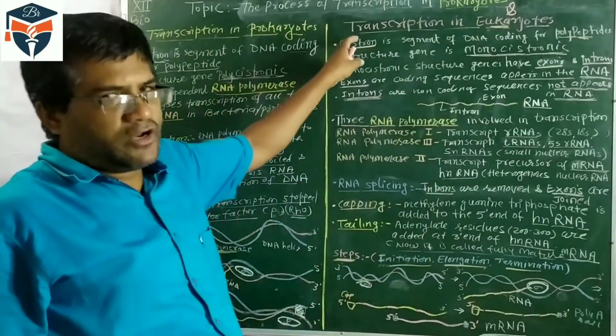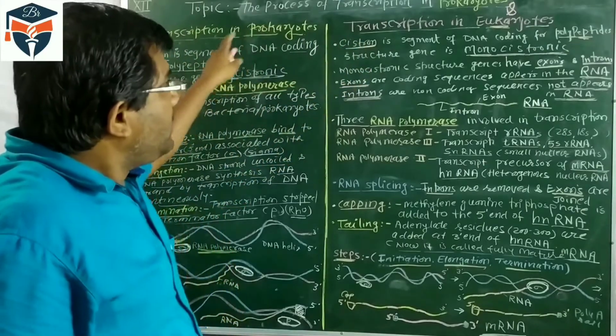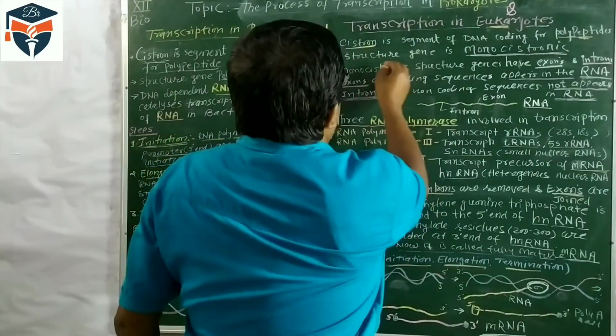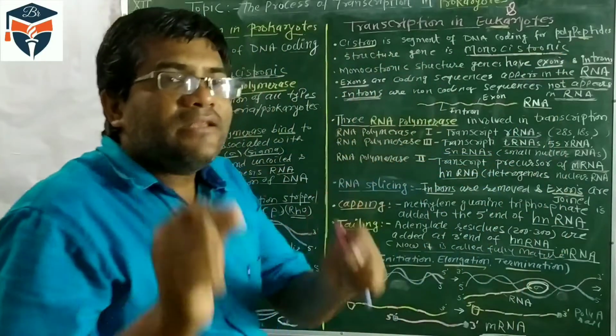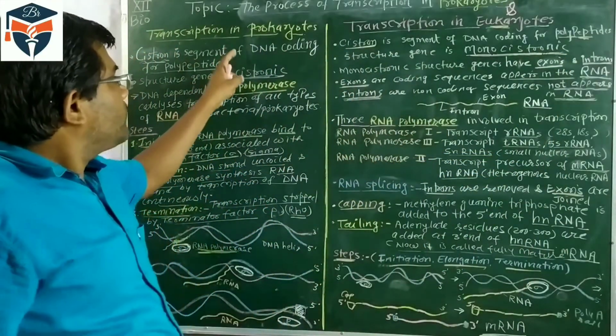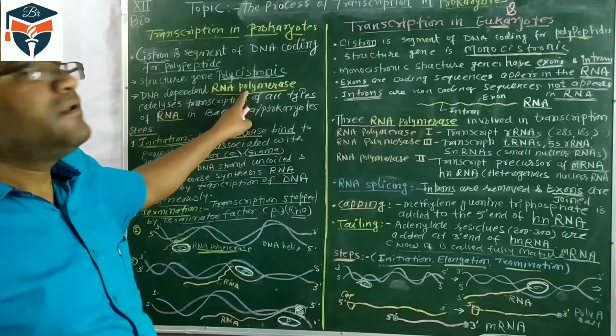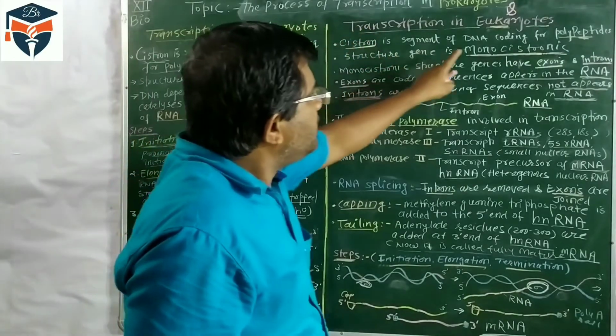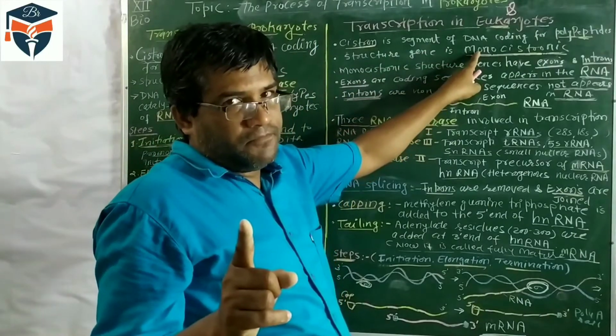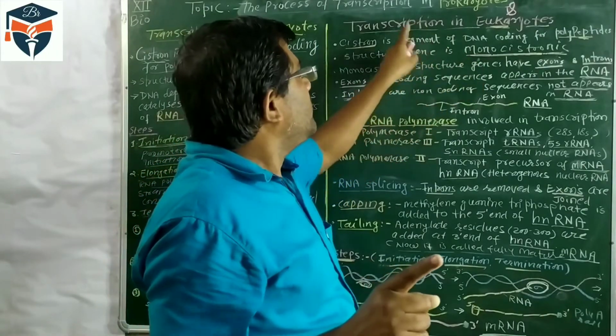Here also a cistron is there. But in transcription here, the cistron structure is monocistronic. In prokaryotic, many cistrons are there which regulate the transcription process. But in eukaryotic, there is a single cistron. A single cistron regulates the transcription.